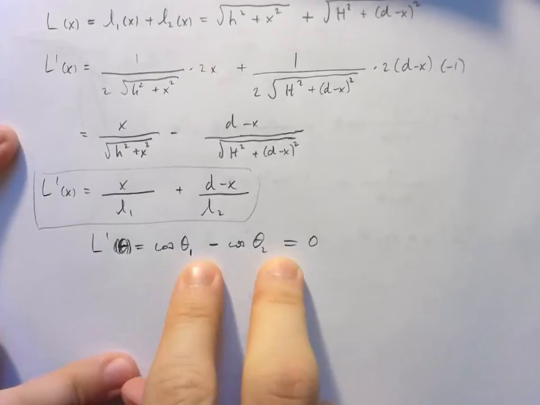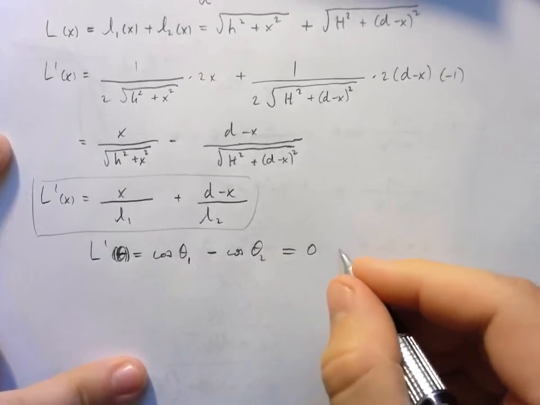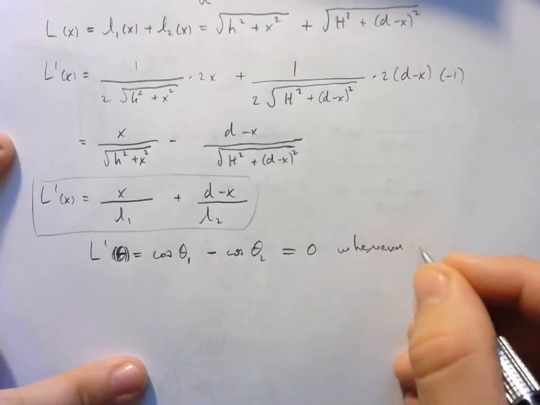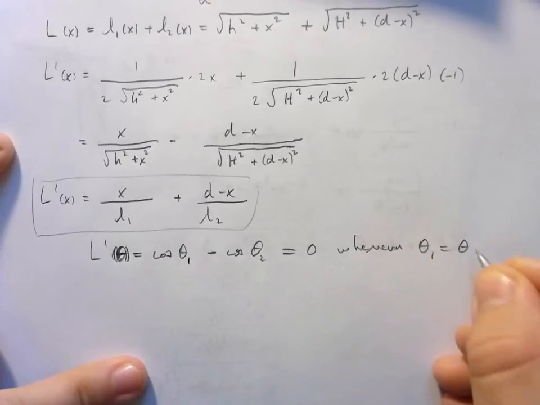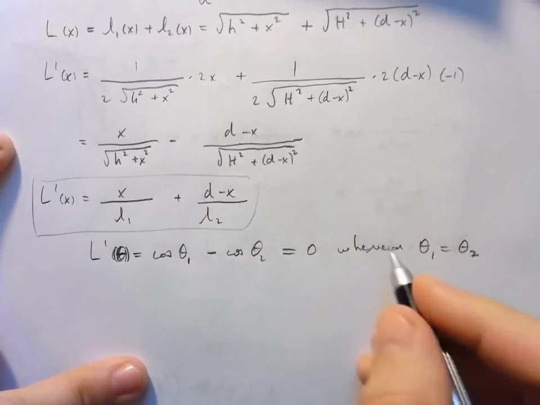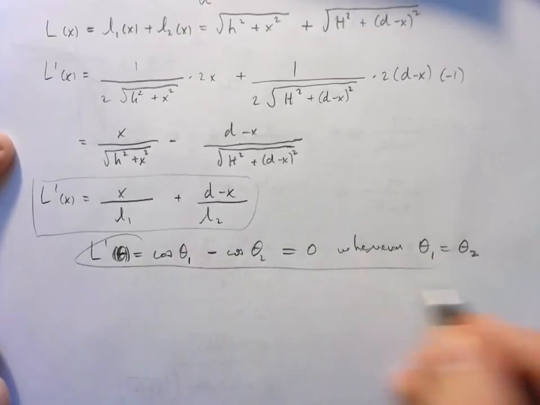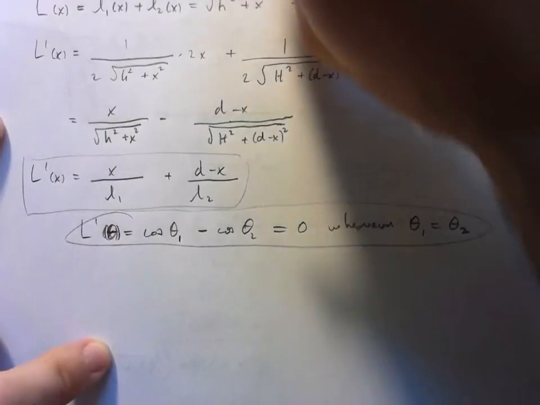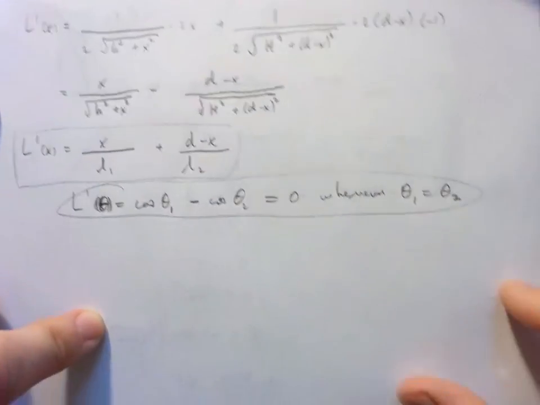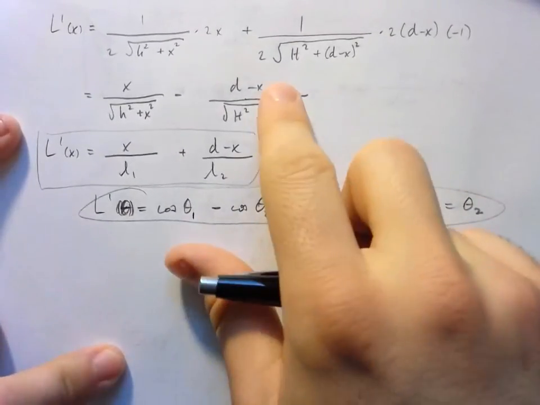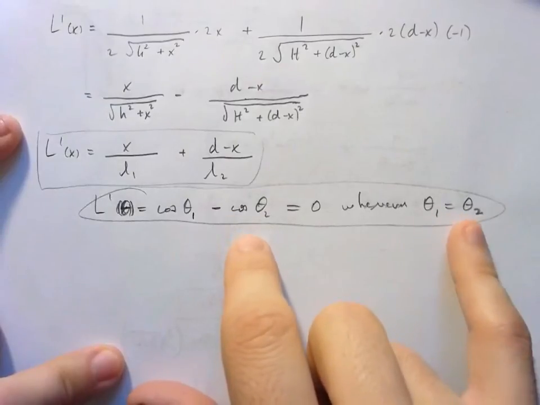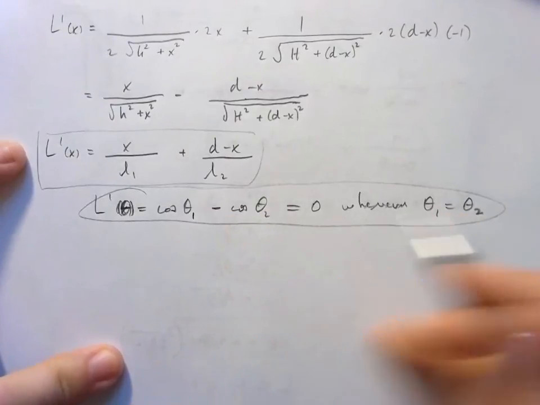Now when is this equal to 0? This happens whenever theta 1 equals theta 2. Okay, so that's the key here: the derivative of the length of the string that I'm using is going to be equal to 0 precisely when the two angles are equal to each other, right?